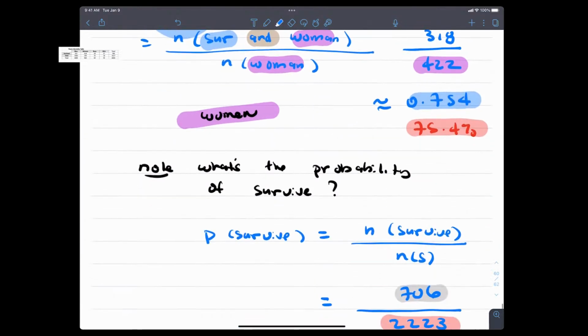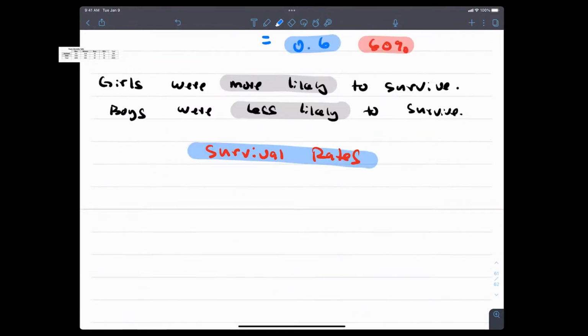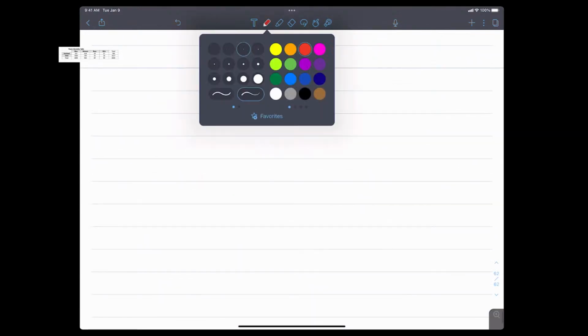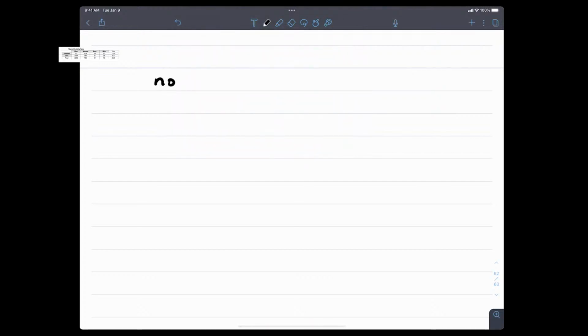You can have death rates. I'll just give you guys a note, by the way. They could have asked you this question. There are some things called death rates. Now, I chose survival rates because talking about death rate is kind of grim, pretty dark stuff.